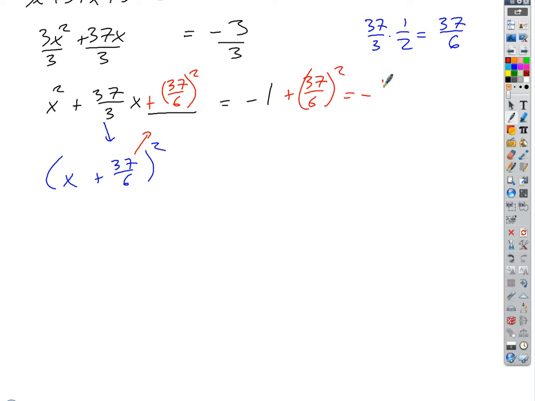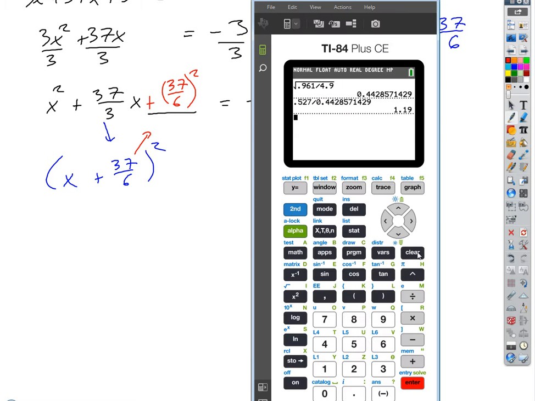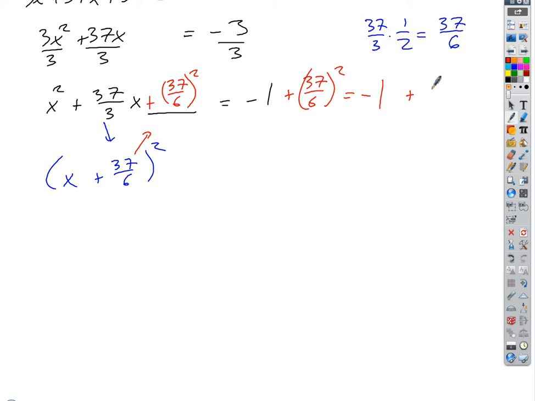So that's going to equal -1 plus 37 squared is what? Let's find out. 1369. So that gives us 1,369/36.